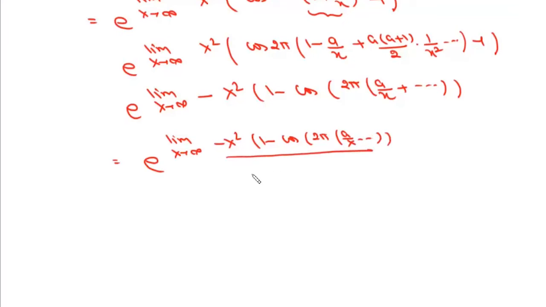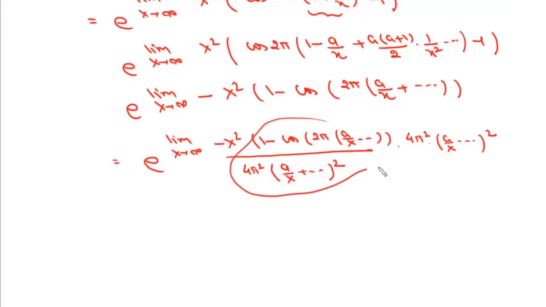Now we'll multiply and divide everything with 4π square and (a/x) whole square. Then it will be 4π square (a/x) whole square. Now this becomes a standard limit, which is 1/2.